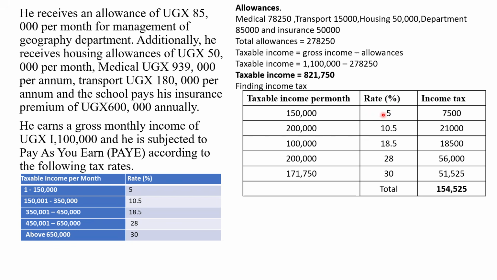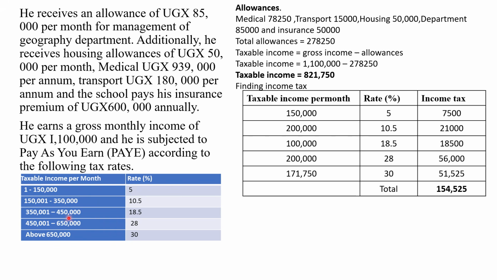So here the rate is 5%. So it is 5 over 100 times 150, I get 7,500. Then here also 350,000 minus 150,000, I get 200, and the rate is 10.5. 10.5 divided by 100 times 200,000, I get 21,000.